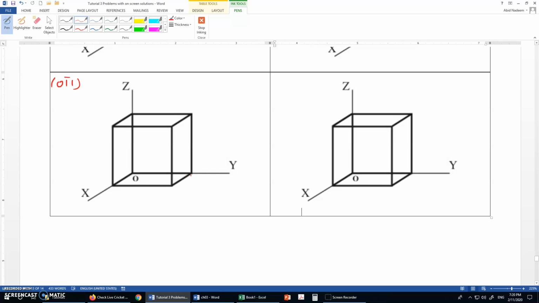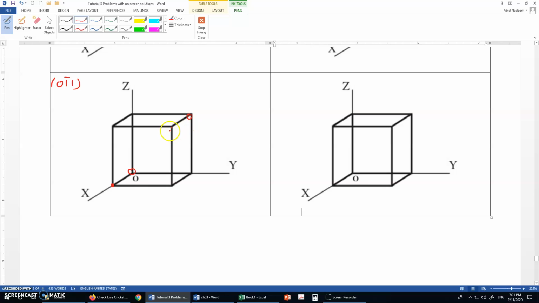For the y-axis, one point is here, the other point will be here. These will be the 2 points, and since it is parallel to the x-axis, the next opposite point will be here, and the opposite point over here will be here.